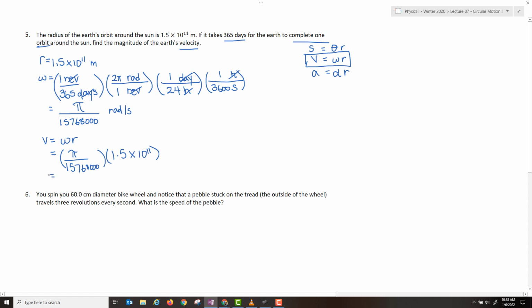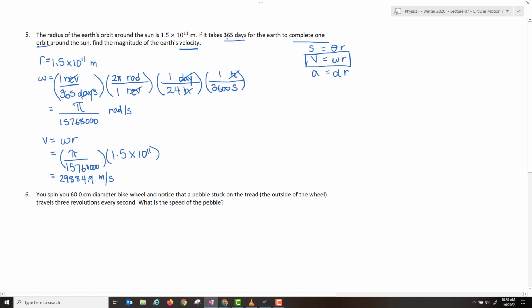So I'm typing this on my calculator. And I get approximately 29,884.9, and the units for that would be the units for velocity, meters per second. All right, so we went from radius to omega, which wasn't explicitly given to us in the question, but we were able to figure it out.